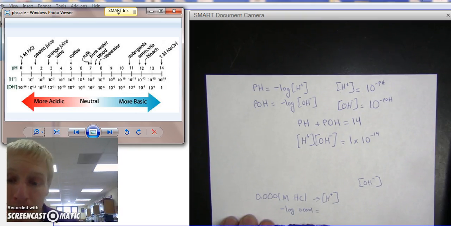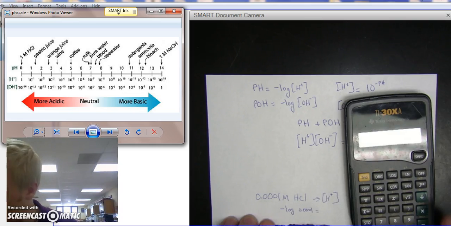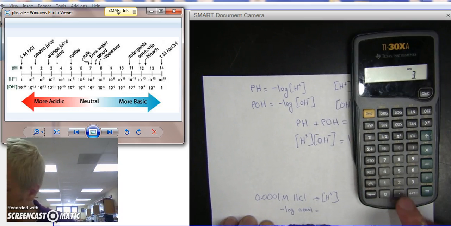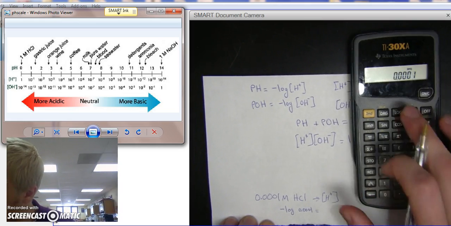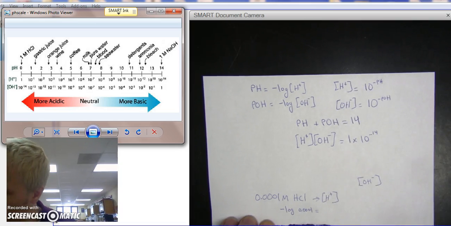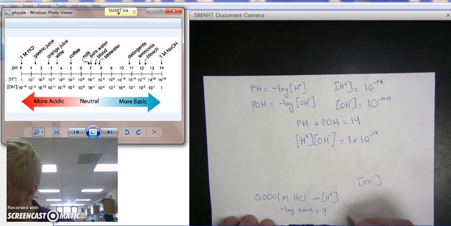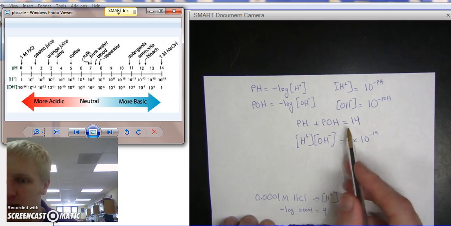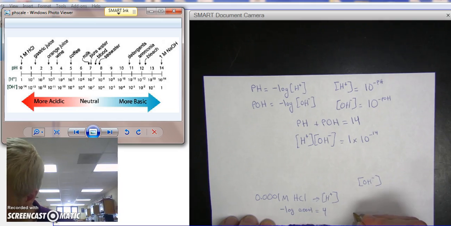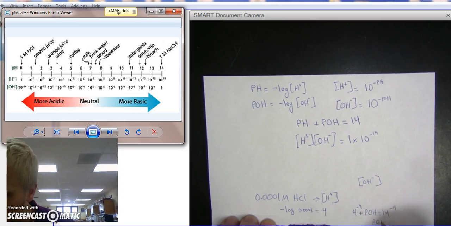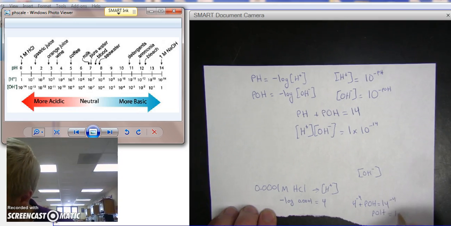So what I could do is take the negative log of my 0.0001, and that's the negative log of my H plus. That gives me my pH. Type that in my calculator. 0.0001 log negative, that's 4. I have a pH of 4. So then I'm going to do my pH plus pOH equals 14. My pH is 4 plus pOH equals 14, minus 4 from both sides. pOH equals 10.